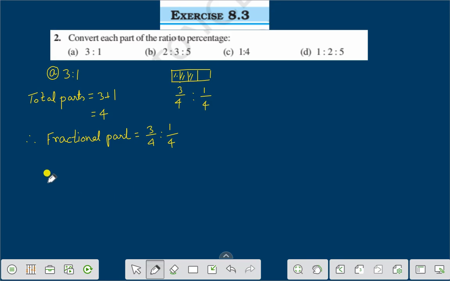Therefore, percentage of parts is equal to, we multiply by 100, that is 3 by 4 into 100% is to 1 by 4 into 100%.